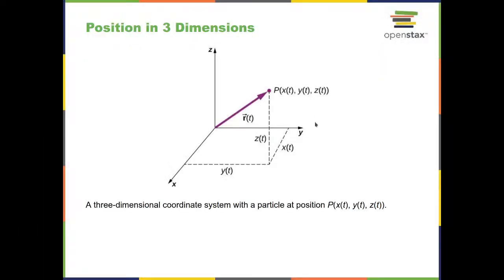If we're talking about a position, the position will change with respect to time. So the x, y, and z positions will be functions of the time. With those x, y, and z positions, we can create a vector from the origin of our chosen coordinate system to the point where our object or particle or projectile is. That is now a vector that is time dependent, so the vector is a function of the time.